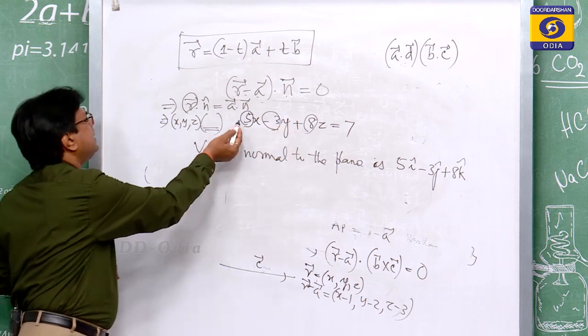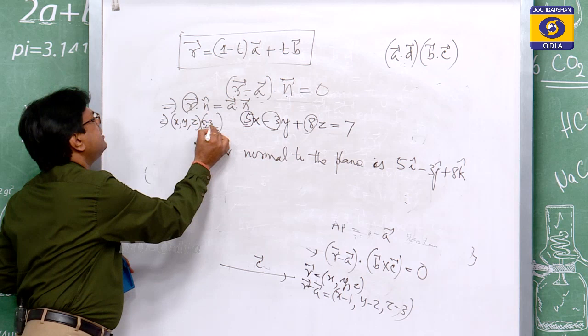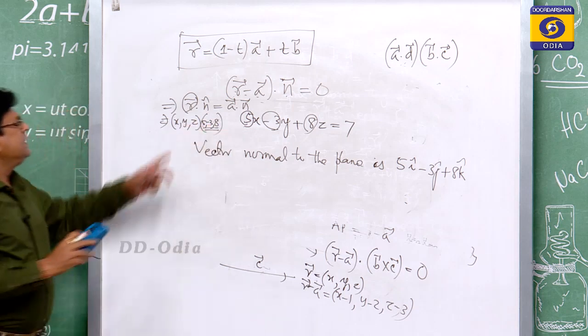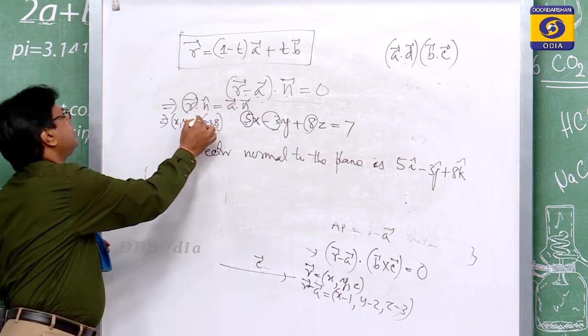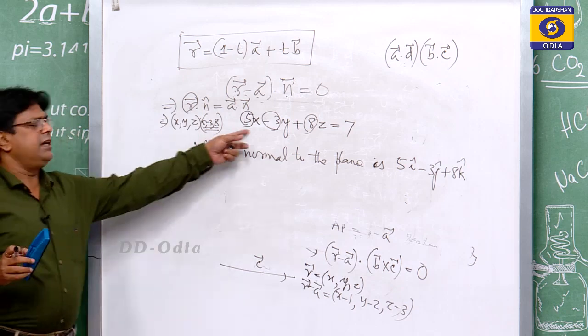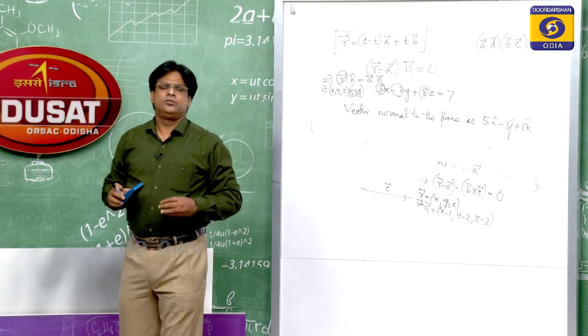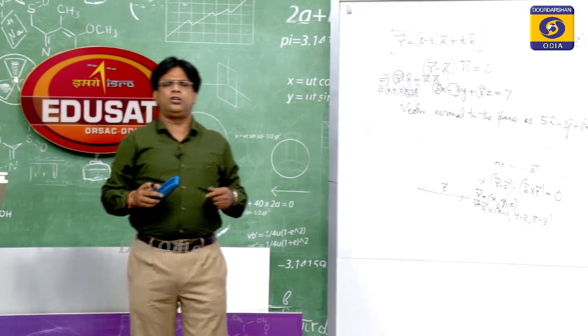That means we write down 5, minus 3, 8. So, in this way, if this is your dot product, then we can say 5x. In this way we can find all these.